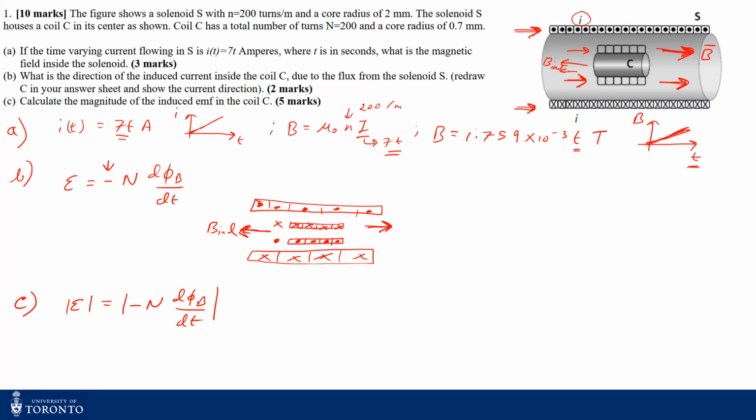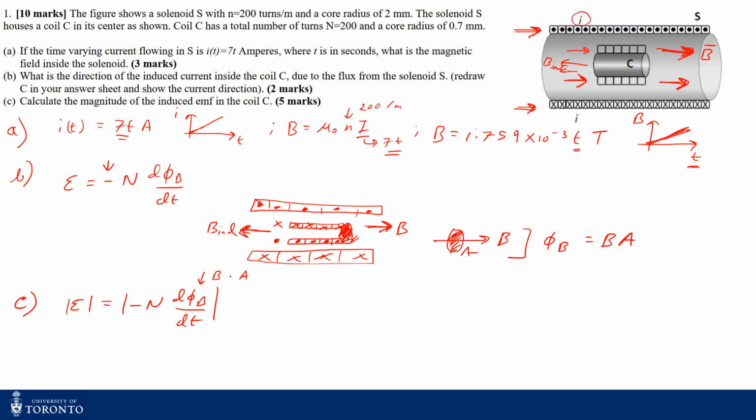The flux phi B is because of the magnetic field B times the area, the area of the coil. The magnetic field that's flowing through this area of the coil will determine your phi B. So phi B is basically B times A.